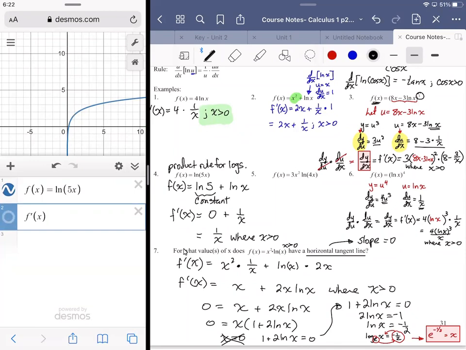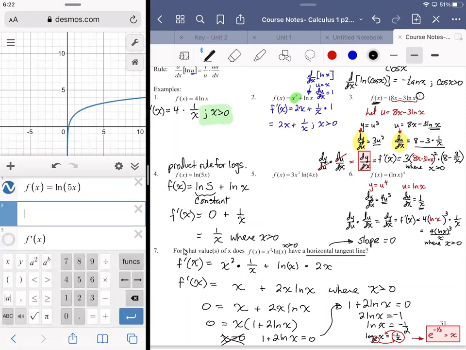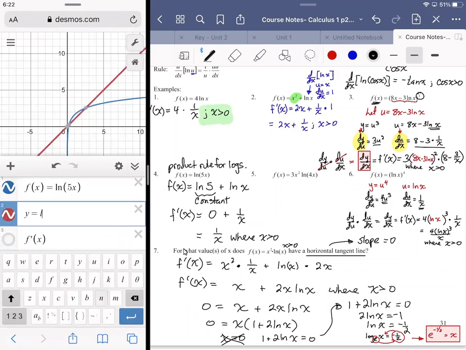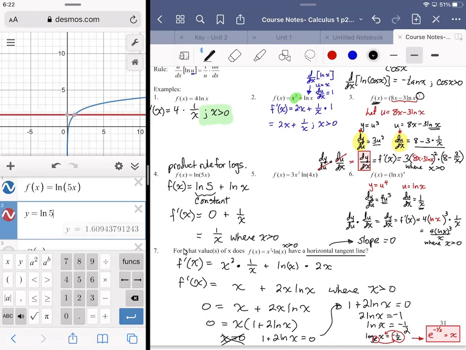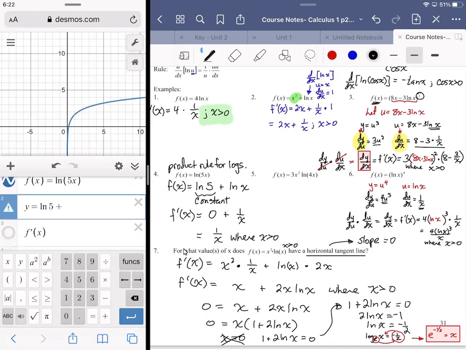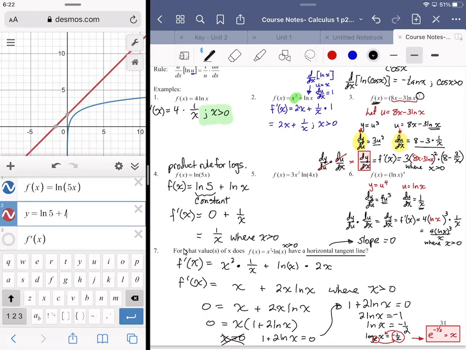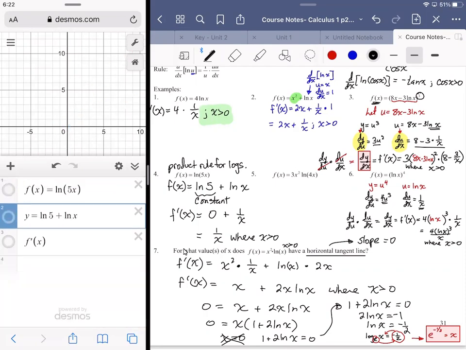If you're ever unsure that your simplifying is right, like you might think, okay, I'm pretty sure this is right, but I'm not 100% sure, type it in as a separate equation, y equals ln of 5 plus ln of x. And just make sure that your two graphs, the f of x and the y, map to the same location.